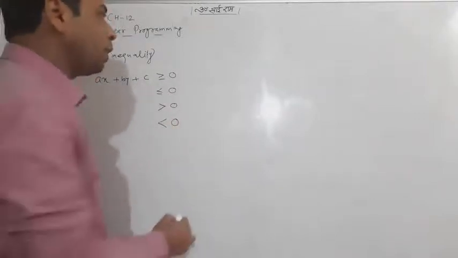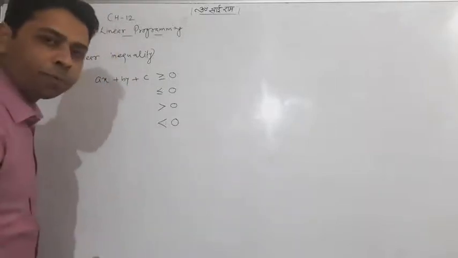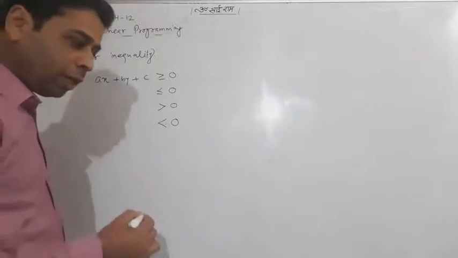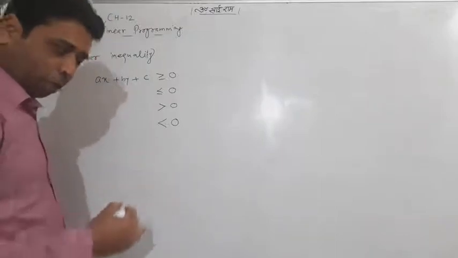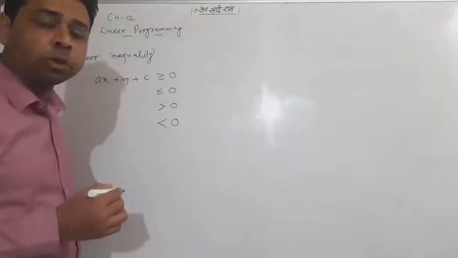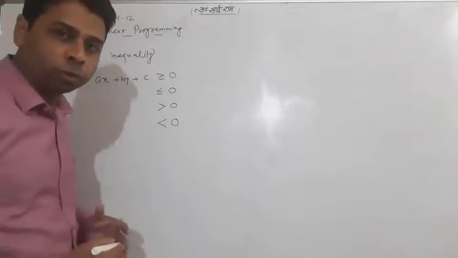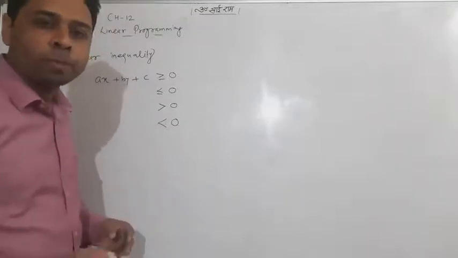And one more very important thing: when we represent these inequalities on the graph, we usually get a set of solutions, not a single particular solution, not a single line also, but a particular region of the solution. That only we will find out.